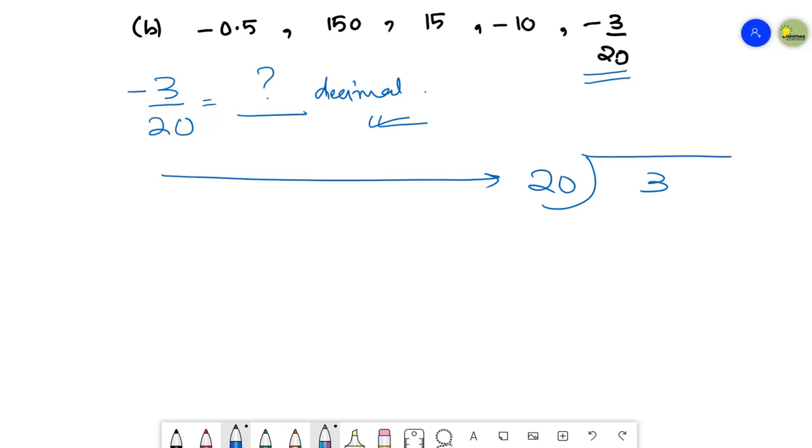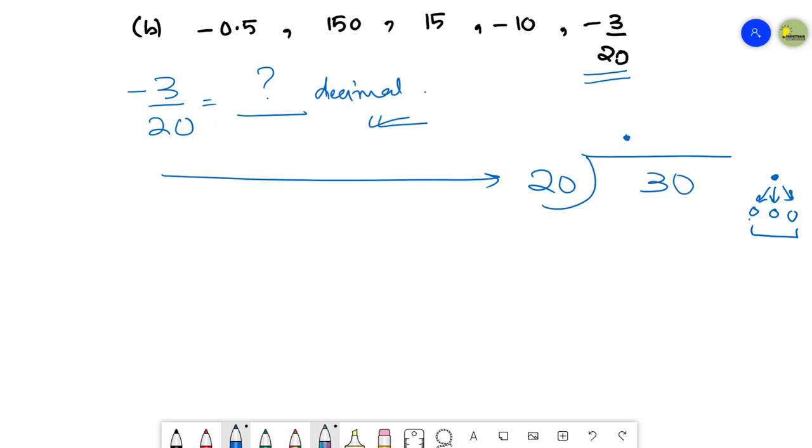So we will add a 0 to it, and in order to add the 0, we must have a decimal in my answer. I need to add a decimal over here, right? Because when I add a decimal, it gives me 3 zeros. You can add 3 zeros anywhere whenever you want them, as per your requirement.